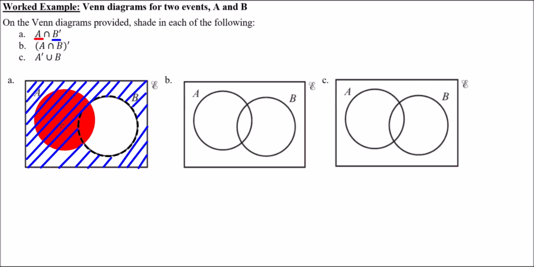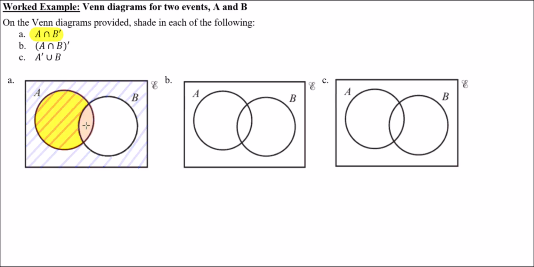So what we're wanting is to find the area where you can see the red and the blue together. And as you can hopefully see, the only region where this occurs is this bit of that red circle. So not the entire red circle, because this has no blue, it's just this bit of that circle. So what we're going to have here is just that bit coloured in.